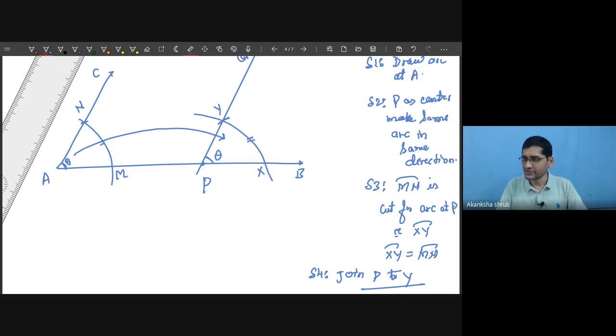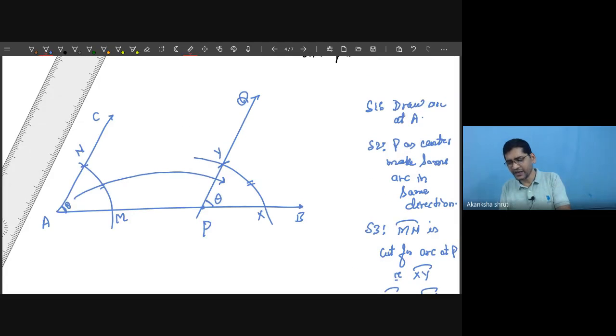So one by one, you have to first draw the arc, draw the same arc at point P, and whatever the arc length, the same arc length XY you have to cut on the arc drawn at P. Then join P to Y, because X is taken on the same line.